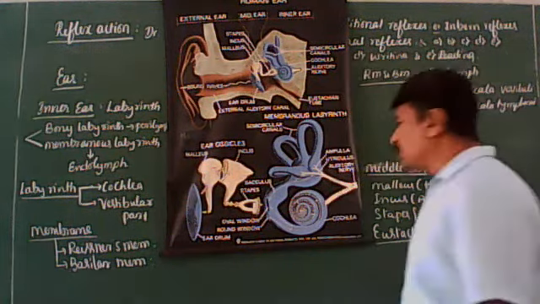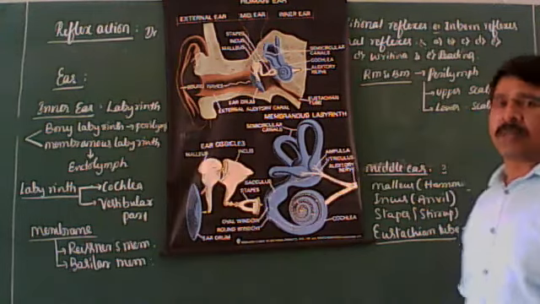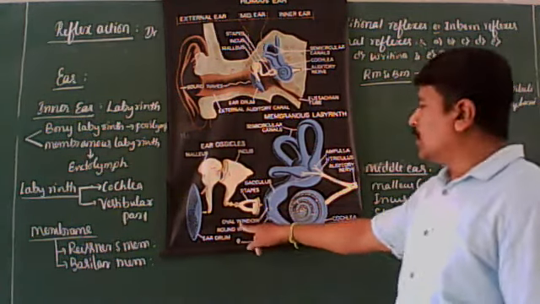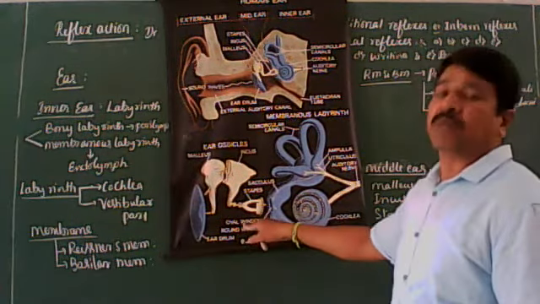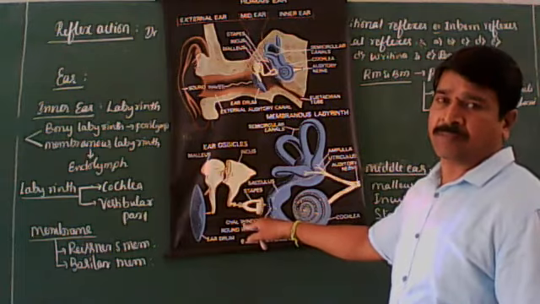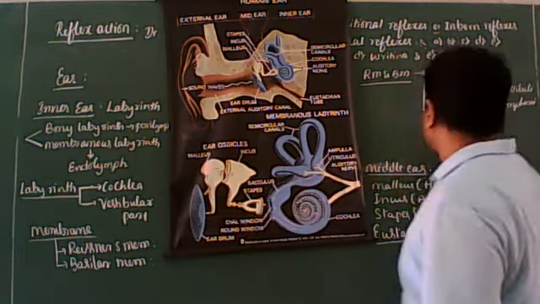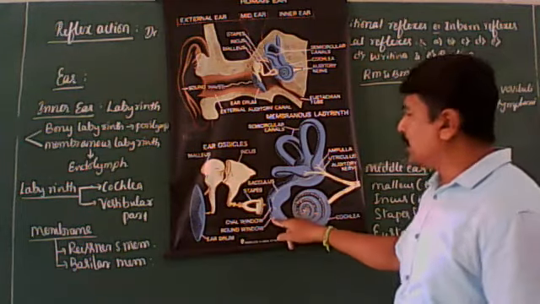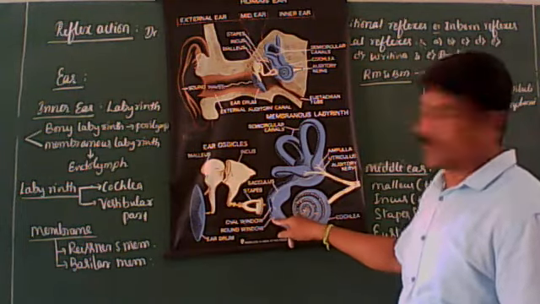At the base of the cochlea, the upper scala vestibuli ends at the oval window. The oval window is called fenestra ovalis. The scala tympani ends at the round window, called fenestra rotunda.